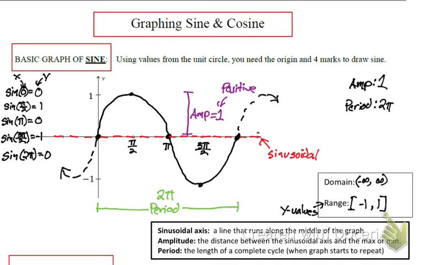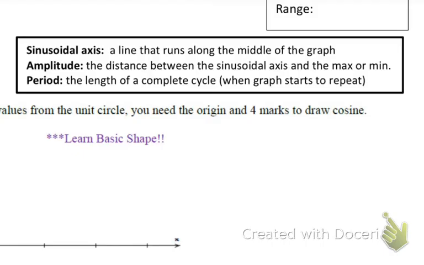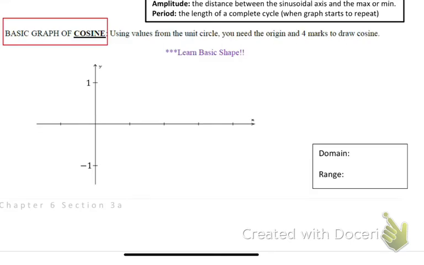Cosine, we're going to have to shortcut a little bit just for the time. Do we have questions? Sorry. Are you good? Okay. For cosine, if we did the exact same stuff, we don't really have time to go through all of that. I'm just going to show you the graph. If you graph the cosine of 0, you'd get out 1. The cosine of pi over 2 is 0.